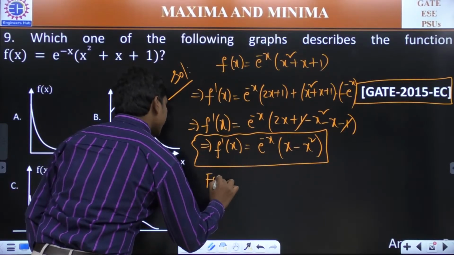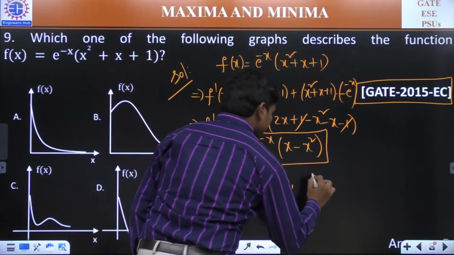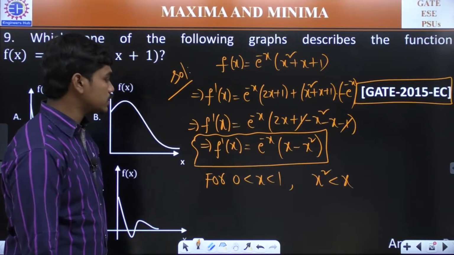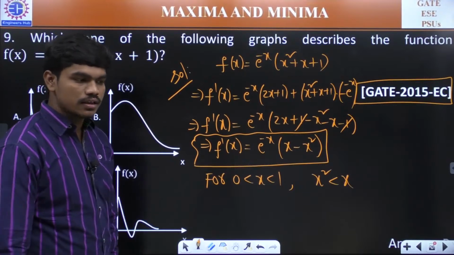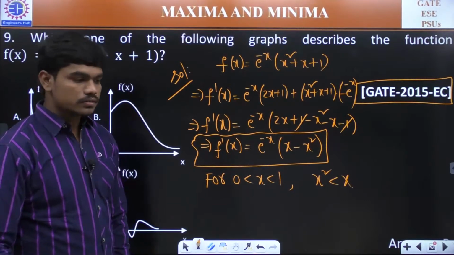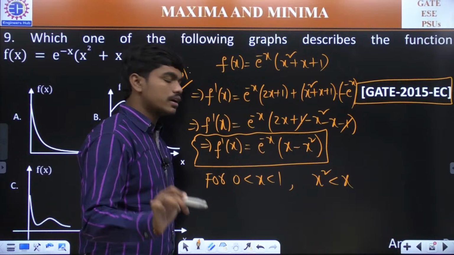For 0 less than x less than 1, x square is less than x. Correct? Will you agree with me if I say this? For 0 less than x less than 1, this x square will be less than x. Yes or no? Please respond. All of you, please respond.